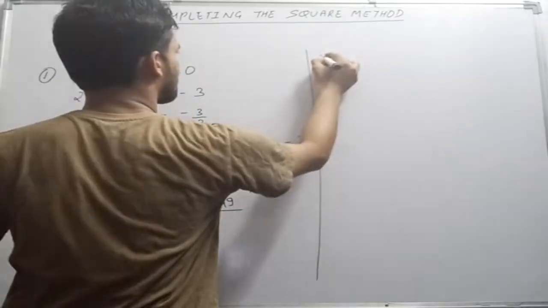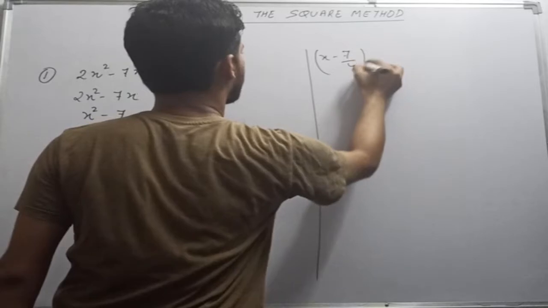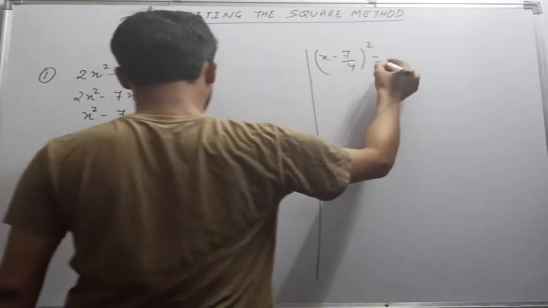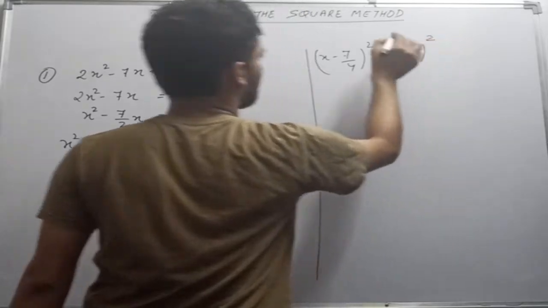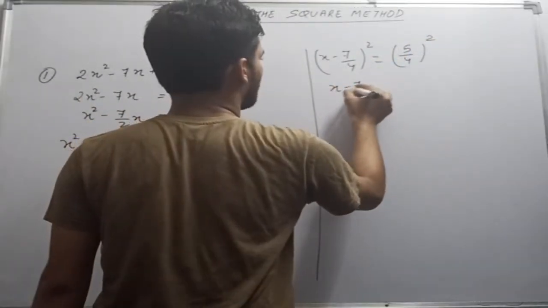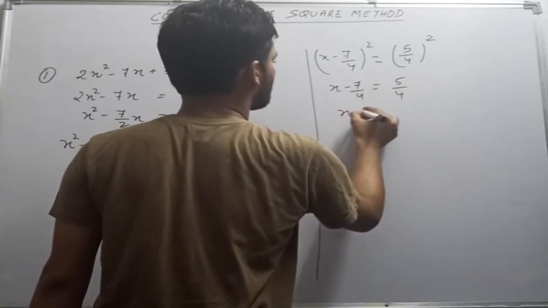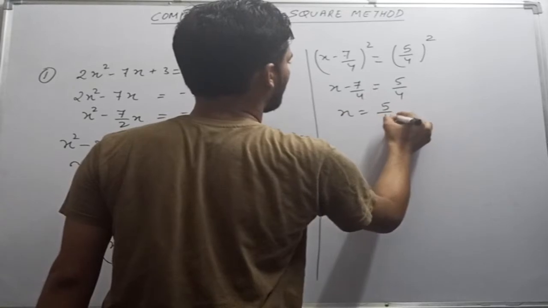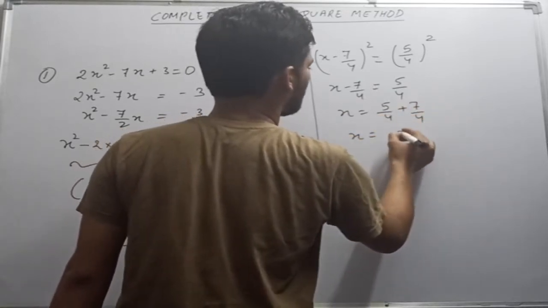Further, x minus 7 by 4 whole square must be equal to 5 upon 4 whole square. So if you compare, the square will cancel out, so x minus 7 by 4 is equal to 5 by 4.